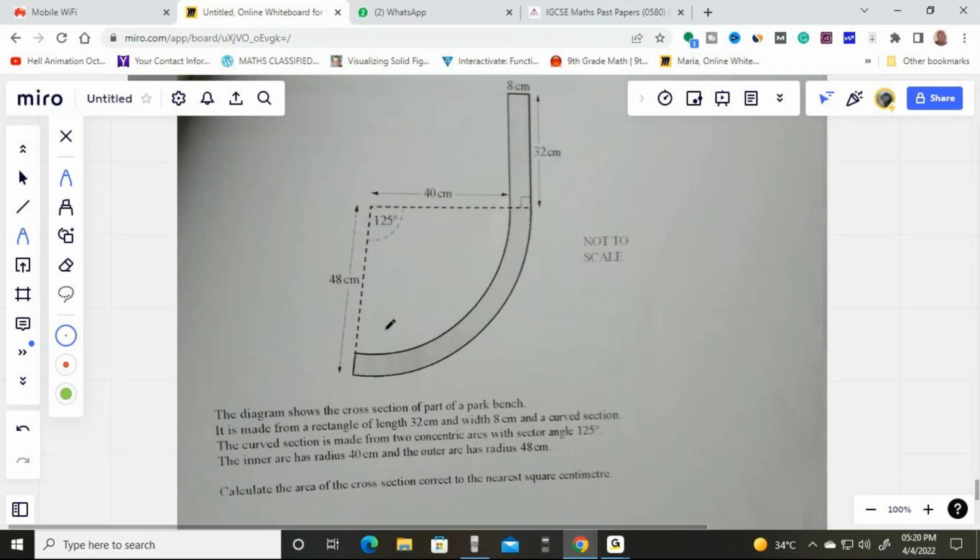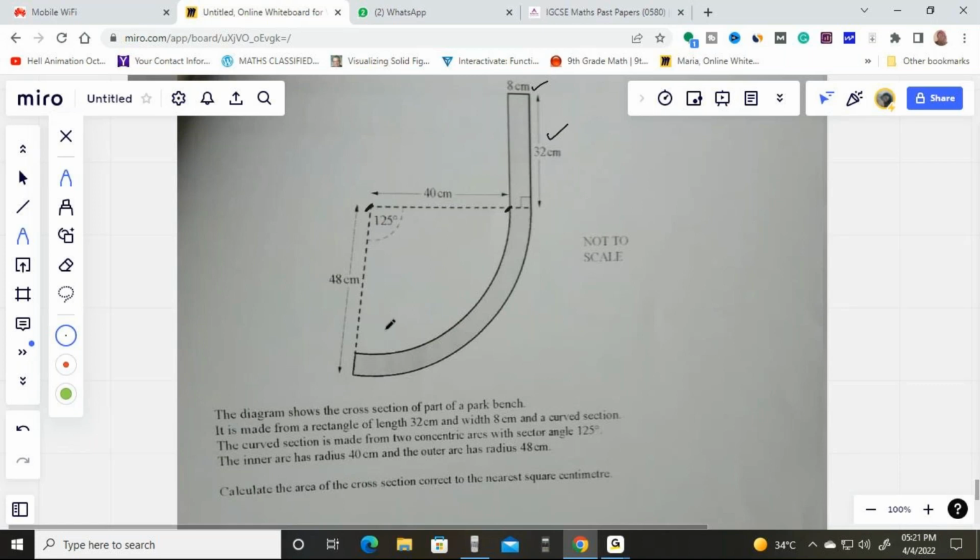It is made from a rectangle of length 32 centimeter and width 8 centimeter, and a curved section, this one, is made from two concentric arcs with sector angle 125, and the radius of the inner arc is 40 centimeter. Okay, from here to here.